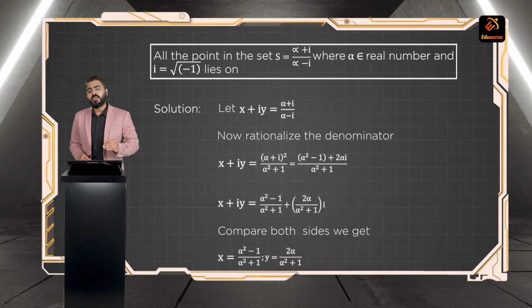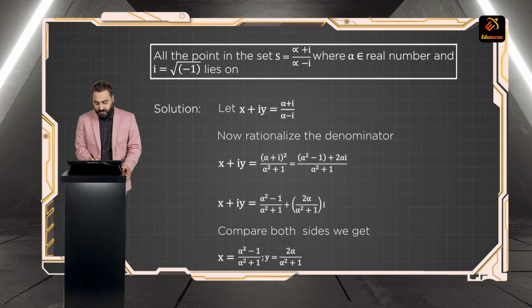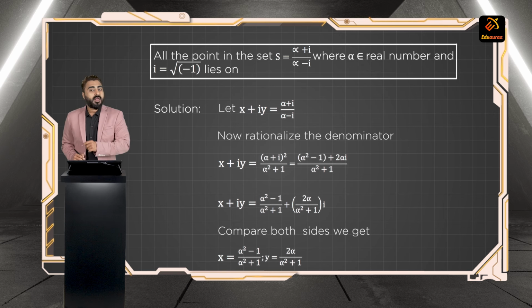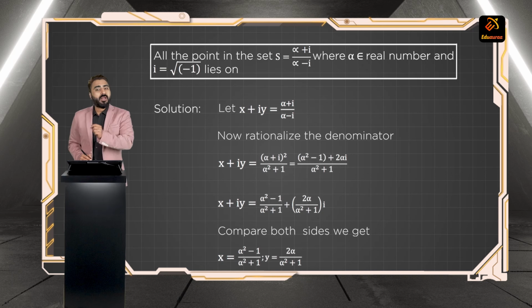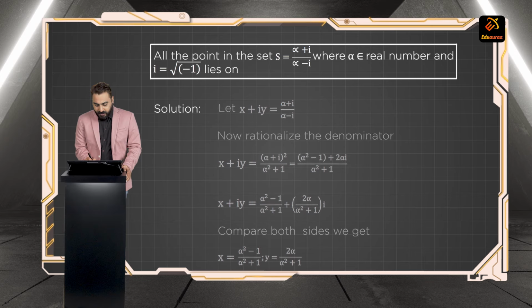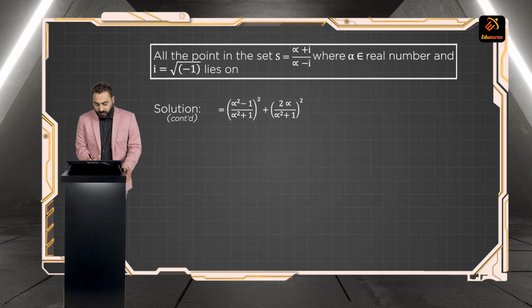Now students, what is x square plus y square? Squaring and adding both sides, we get ((alpha square minus 1) upon (alpha square plus 1)) whole square plus (2 alpha upon (alpha square plus 1)) whole square.